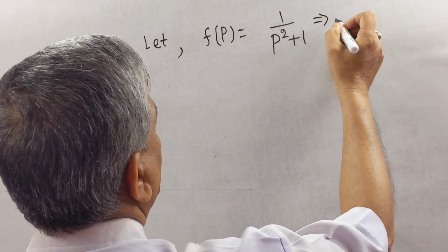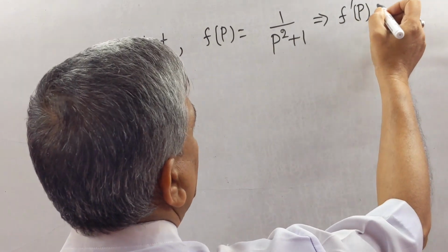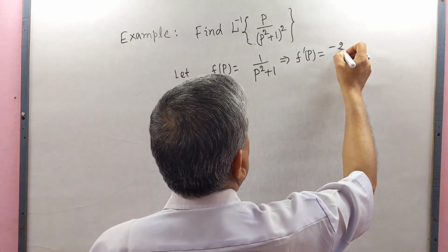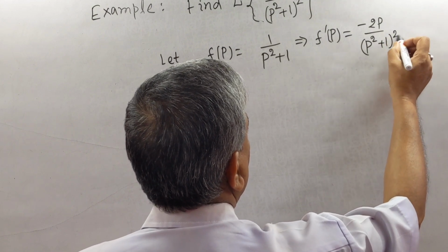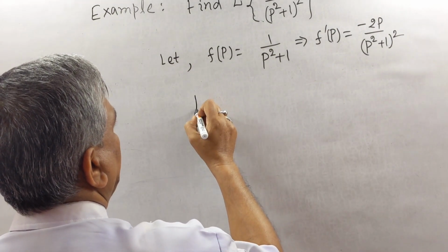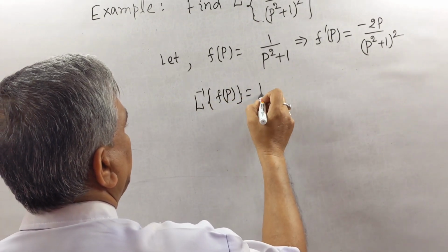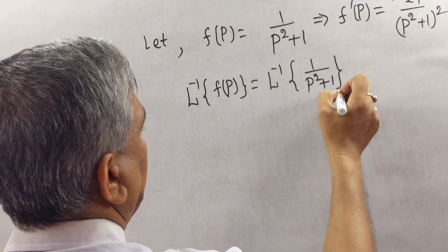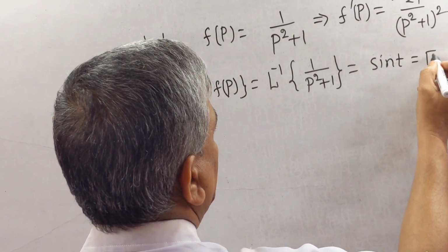Implies that F dash(p) equal to minus 2p by p square plus 1 whole square. Here L inverse F(p) equal to L inverse 1 by p square plus 1, equal to sin t equal to f(t).